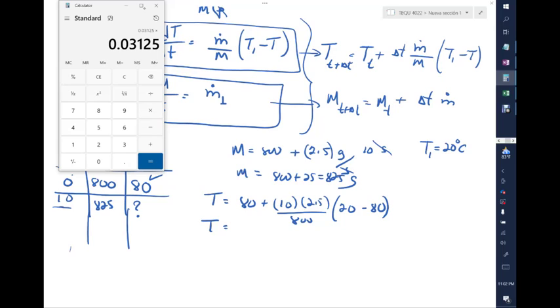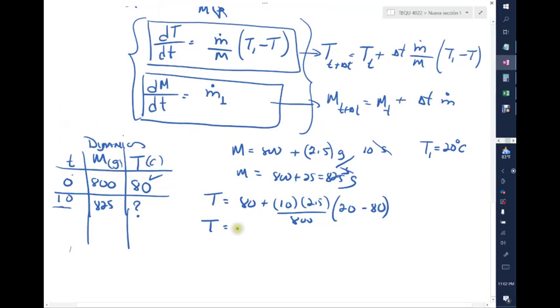Let's say 60 times 60, that's 1.875. So this means 80 minus 1.875, and the difference is 78.